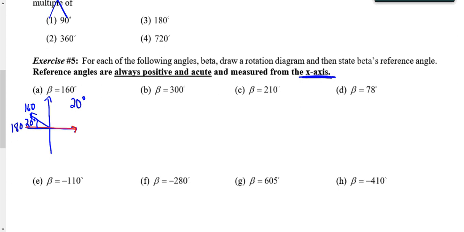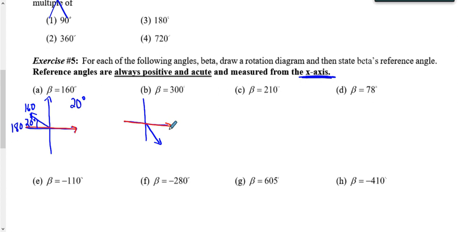So let's try the second one. Beta is 300 degrees. We know how to do this, right? It's bigger than 270, but not quite 360. If we rotate all the way around, it would be about here. And again, the reference angle is always with the x-axis.